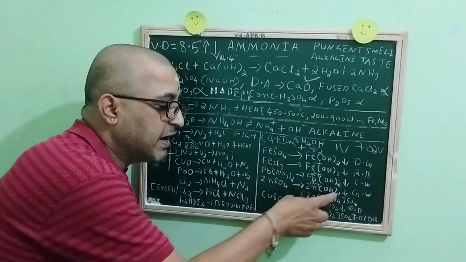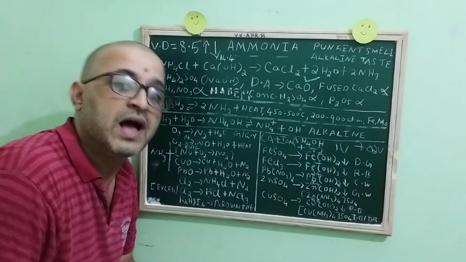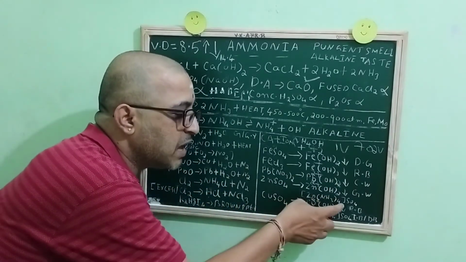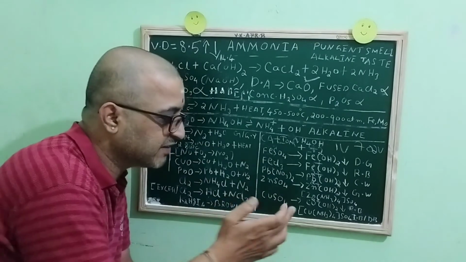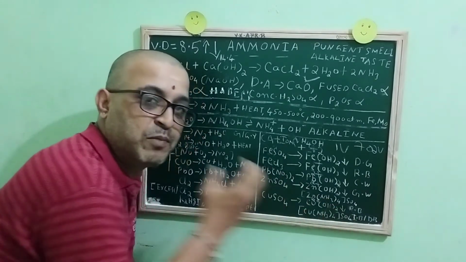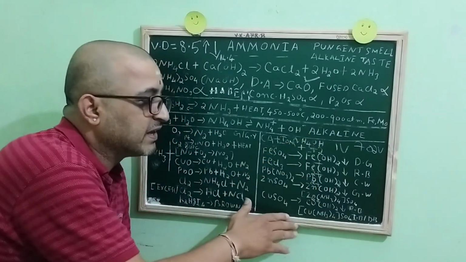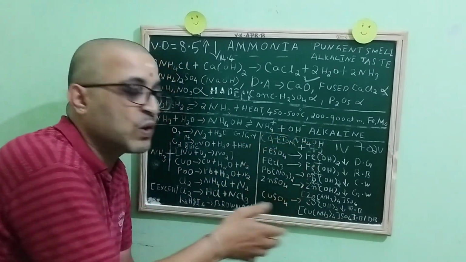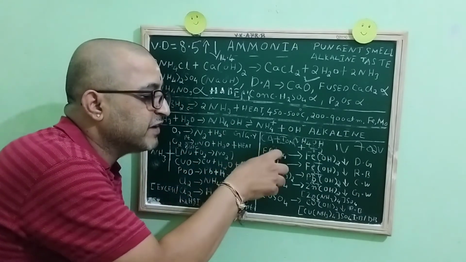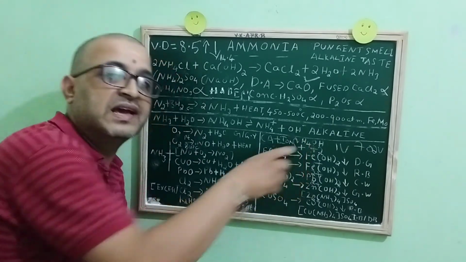But zinc hydroxide and copper hydroxide are soluble in excess of ammonium hydroxide and form complex salts: tetraammine zinc sulfate, which is colorless, and tetraammine copper sulfate, which is inky blue or deep blue. Like this, we can identify the cations present in the salt solution by making use of liquor ammonia.